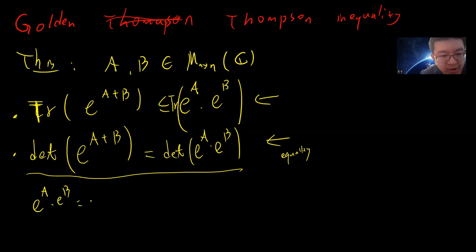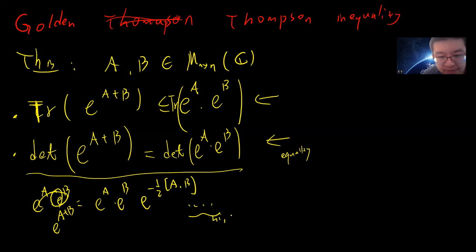Basically, you can use the BCH formula and write it as the exponential of A and the exponential of B, and the exponential of half of the commutator of A and B, and then there are some higher order terms. But all the higher order terms are in the form of commutators.